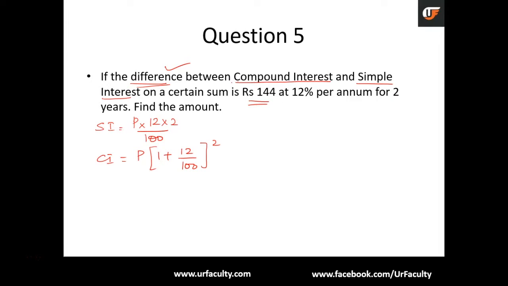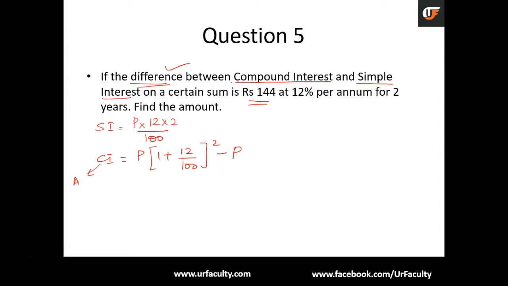Does it end over here? No. Why? Because this formula is actually applicable for the amount. Now you are supposed to find the compound interest, which is basically the amount minus P. Only then will you get the actual interest value.